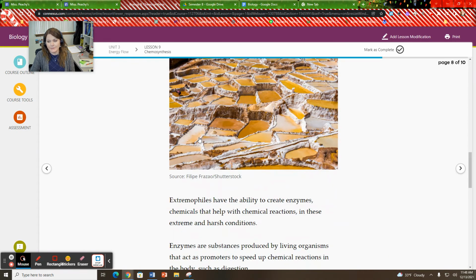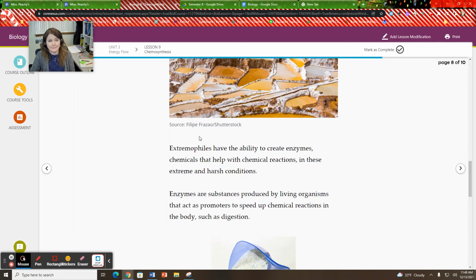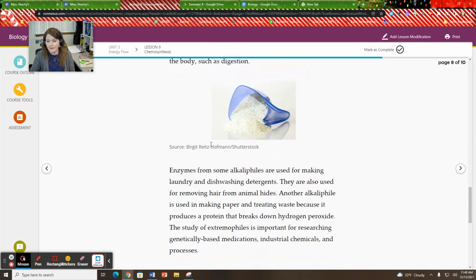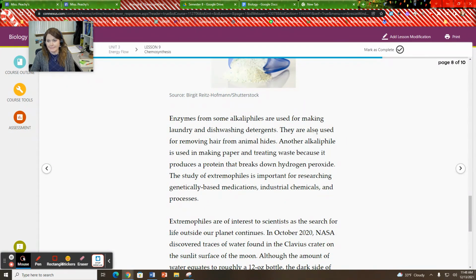It also talks about how scientists like to study these extremophiles. For one, they produce enzymes that help in their situations, and we can use those enzymes for purposes that might help us. For example, enzymes from some alkalophiles are used for making laundry and dishwashing detergent.